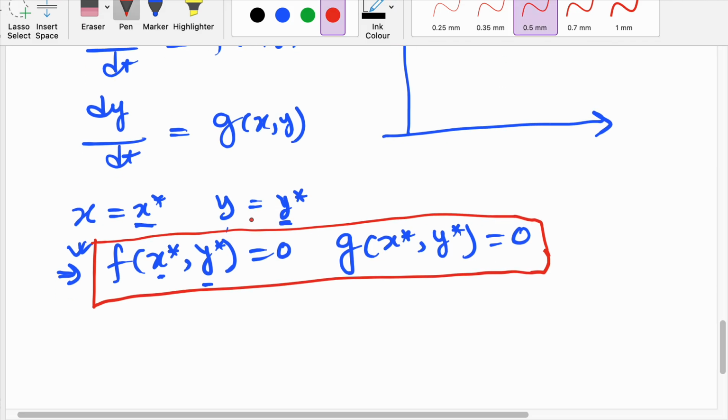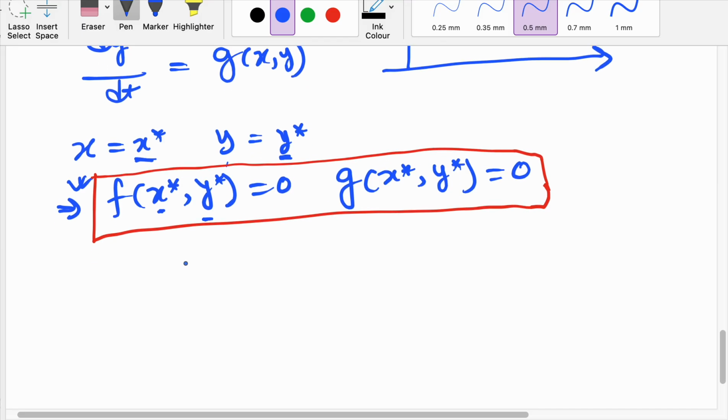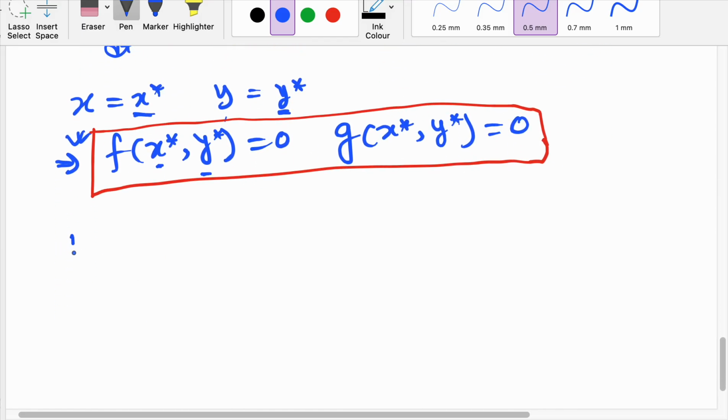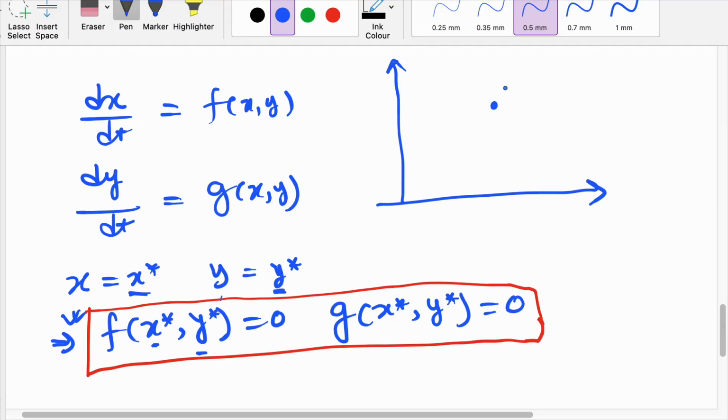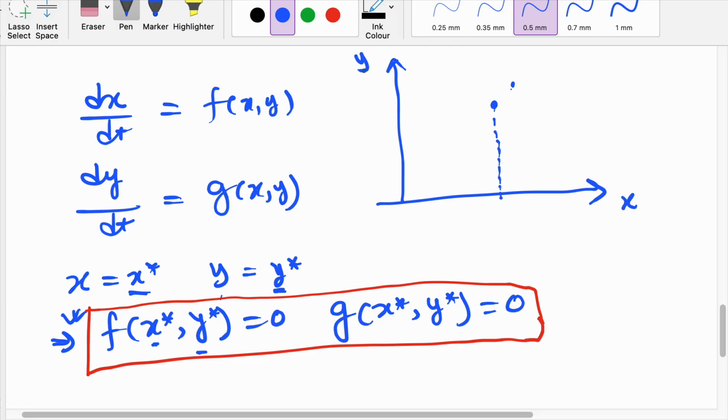Now let me do the same thing again here. If you do the same thing, you will get x star plus epsilon x. Since it is two dimensional, suppose here is a point, this is my x, this is my y, so this is y star, this is my x star.